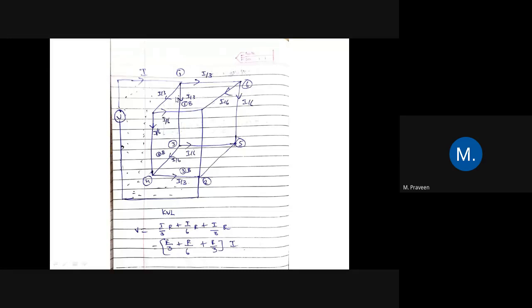Similarly, at the next junction, where it is I by 3, it divides into I by 6 and I by 6. And at the third junction, where it is I by 3, it again divides into I by 6 and I by 6.